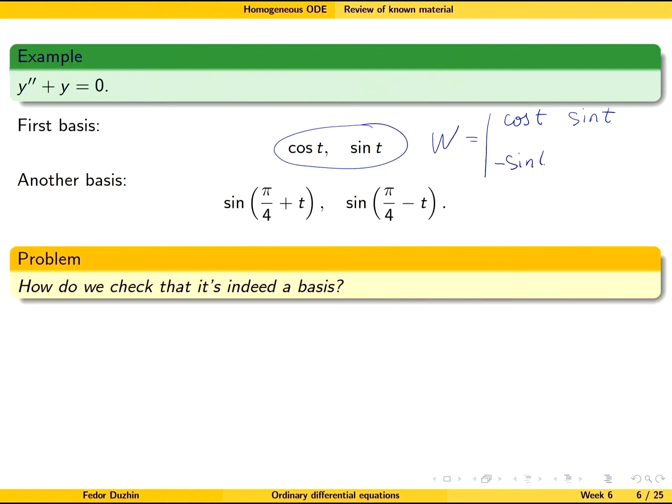So it's minus sine t and cosine t, and the Wronskian is going to be cosine squared t plus sine squared t, which is 1. And generally speaking, the Wronskian of two solutions of a second order differential equation is either 0, and then the solutions are linearly dependent, or is never 0, not for any value of t, then solutions are linearly independent.